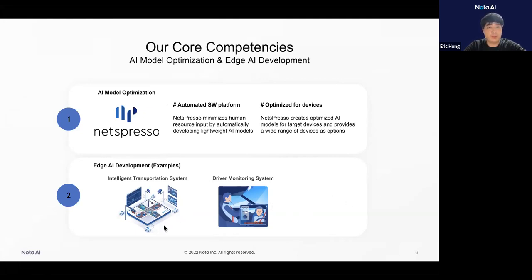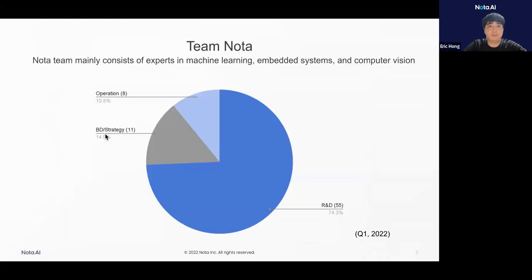If you want to know more about these vertical industrial solutions, you can refer to the YouTube channel Bluechip. In this session, I'm only going to introduce the NetsPresso part first.